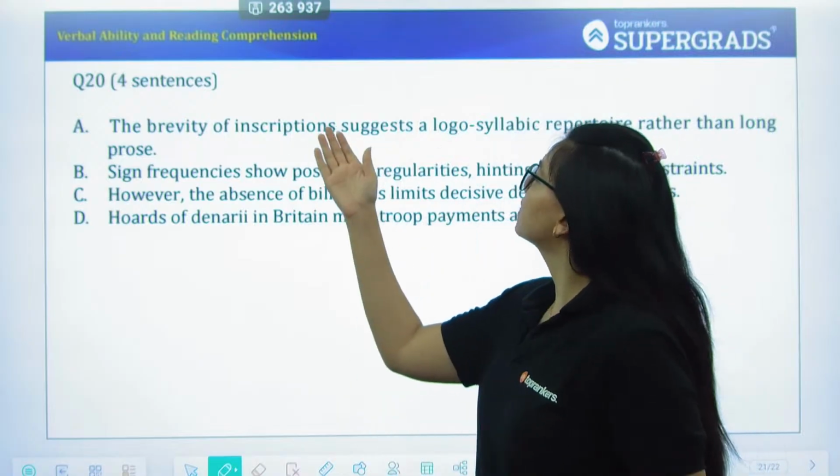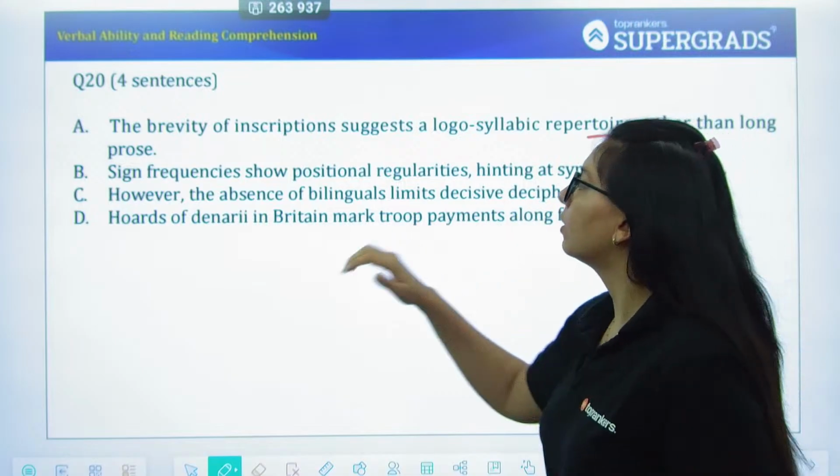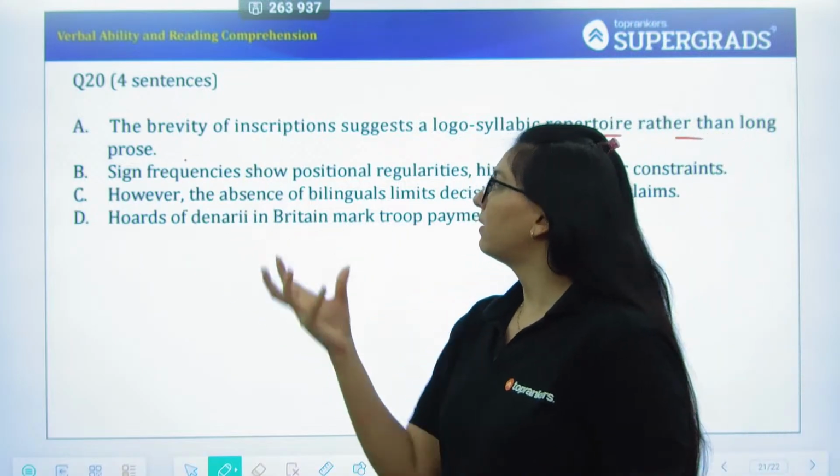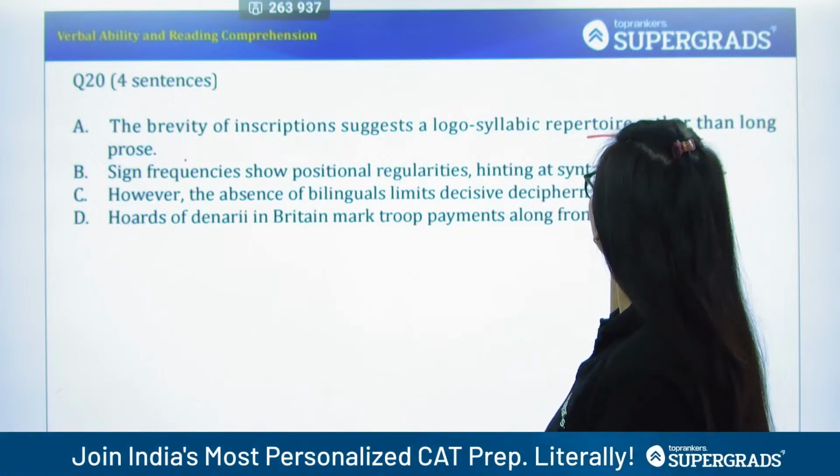The brevity of inscription suggests a logosyllabic repertoire rather than long prose. Okay, the brevity, that is, it's about how short the inscription is going to be. It's going to suggest a logosyllabic repertoire.